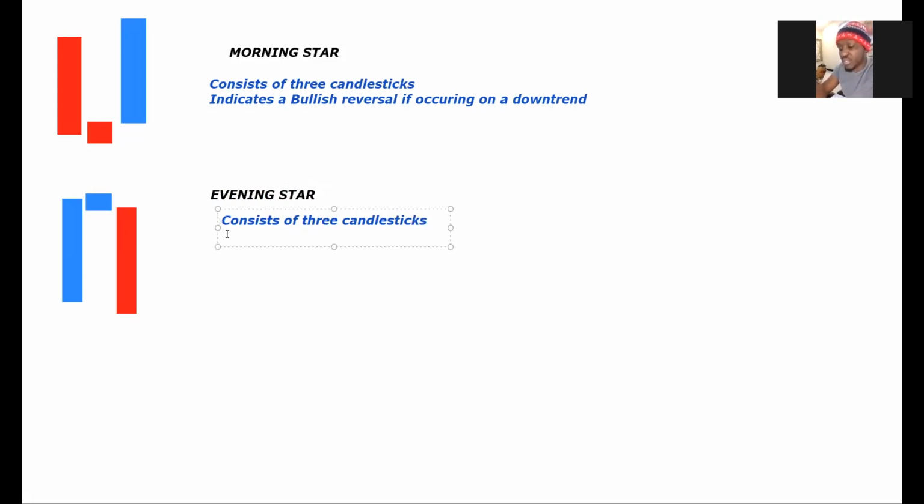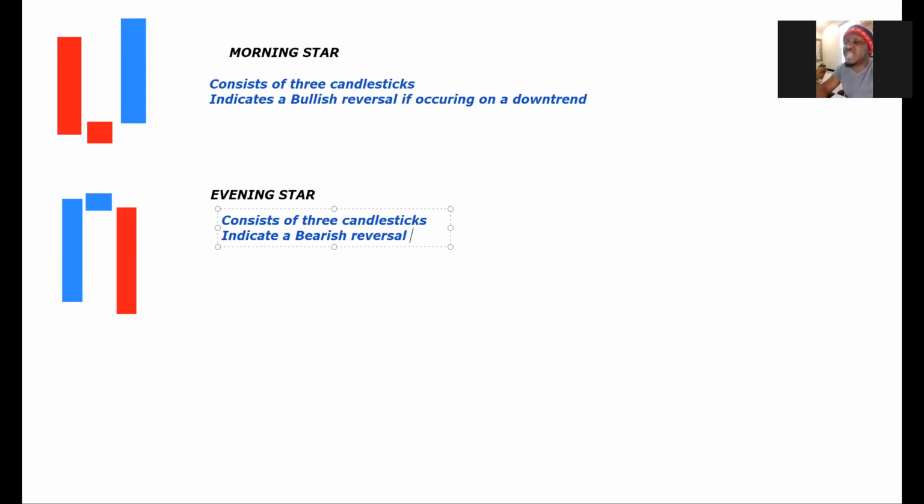And it's gonna indicate a bearish, right? So the market is now going from an uptrend to a downtrend.